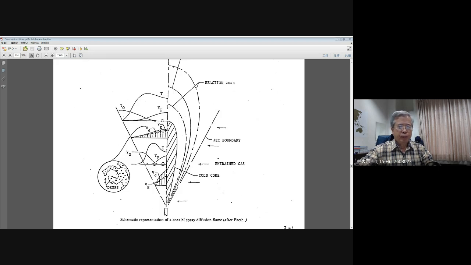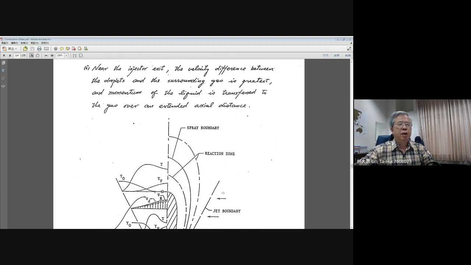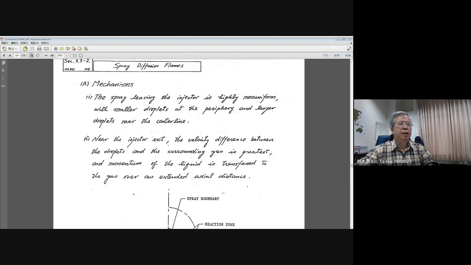Okay. Now there are some comments that I will read through one by one and try to explain. The first one says the spray leaving the injector is highly non-uniform, with small droplets at the periphery and larger droplets near the center line. Yeah, this is a typical spray characteristic for a full cone spray.